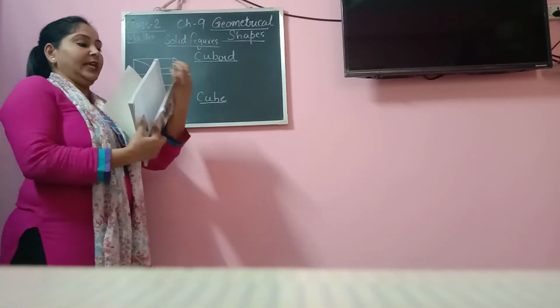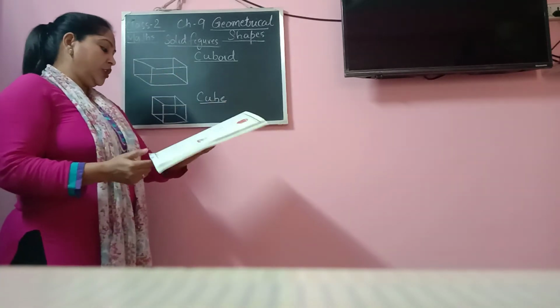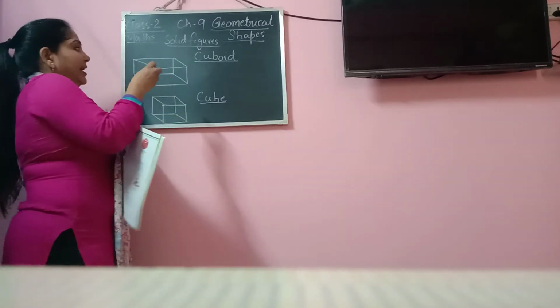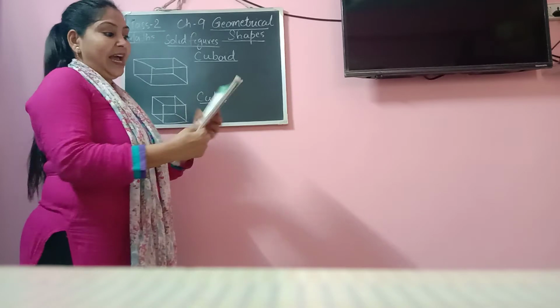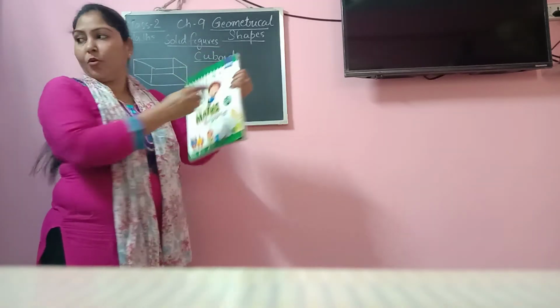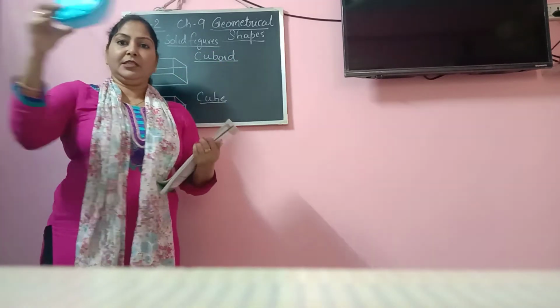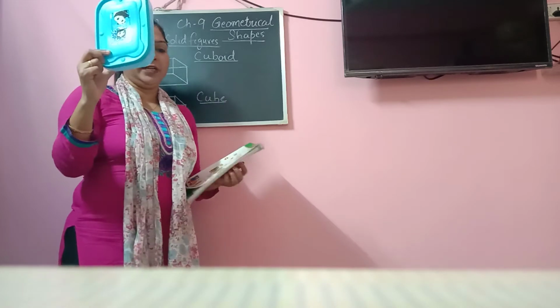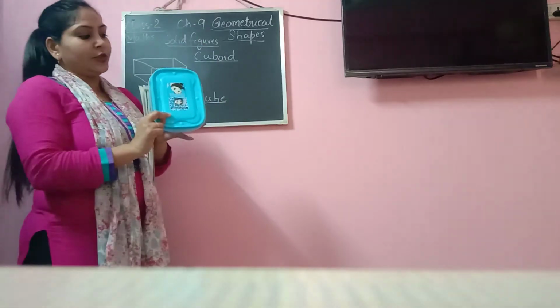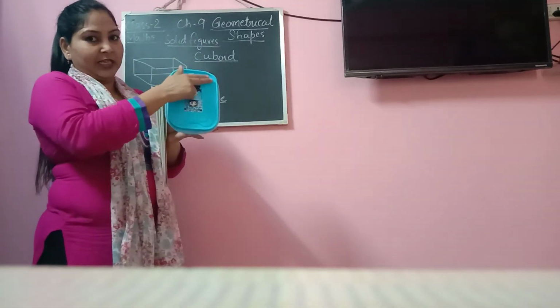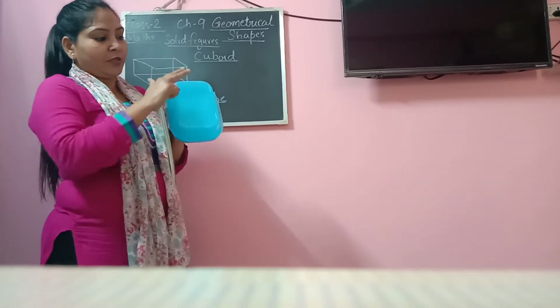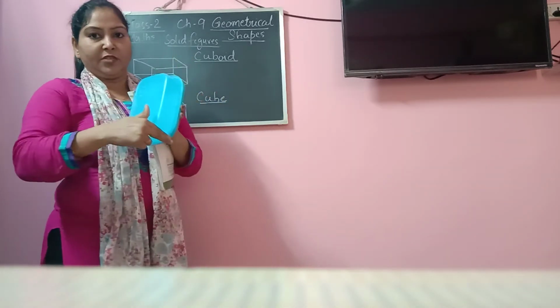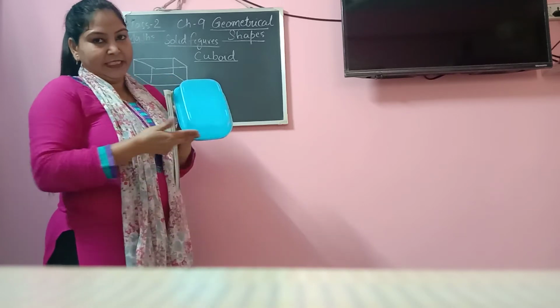Now if you see the cuboid in your book, you will find first of all a cuboid has 6 flat surfaces. I'll show you from here. This is the shape of a cuboid. This is an example of a cuboid. So this is one surface, surface 1, 2, 3, this is 4, 5 and 6.